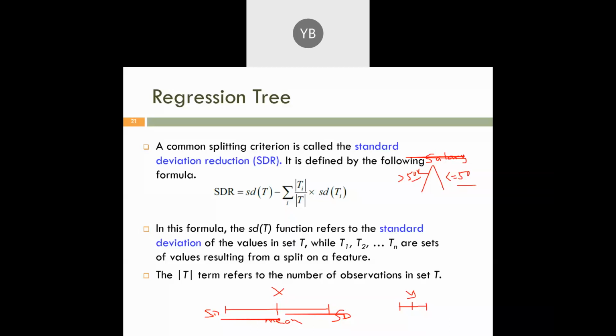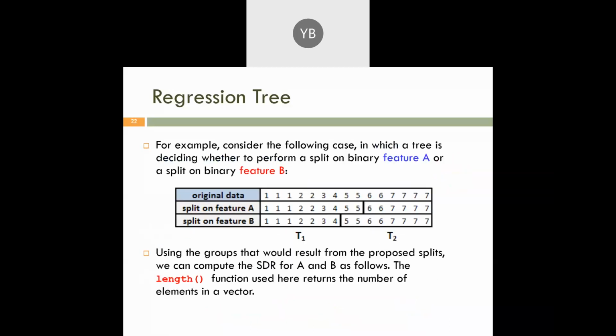Let me give you an example. We have the original data, this one. We have the choice to split the data into two. For feature A, we can split them into less than 6 and greater than or equal to 6.